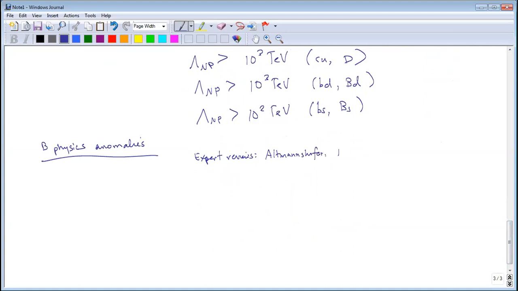Another person with a lot of nice overview papers is Dorsner. Let me just include some other friends here: Hiller, Bernstein, and there are many others. Okay. So here I'm just going to give you kind of an overview, and if you want to see a lot of details, and there are a lot of details here, I would recommend you check out those references in more detail.